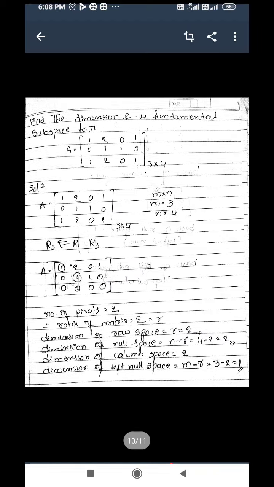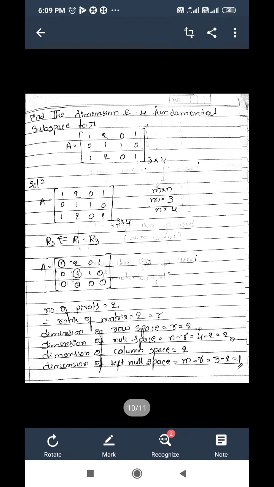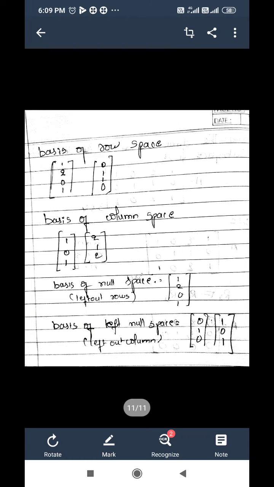So the basis for the row space is to consider the pivot rows, that is 1 2 0 1 and 0 1 1 0, the second pivot. This is the basis of the row space.